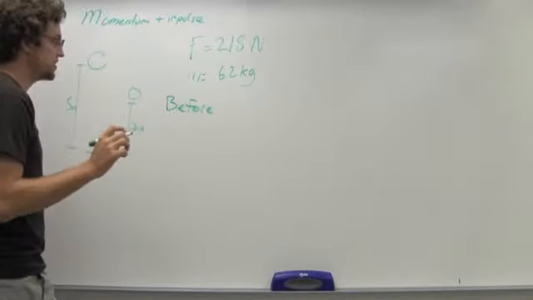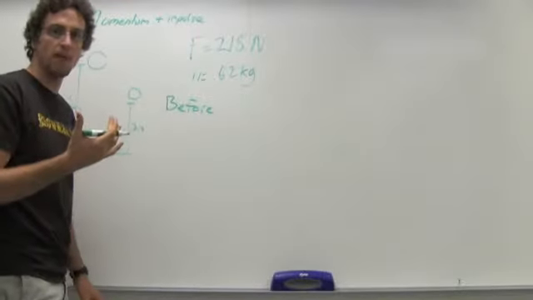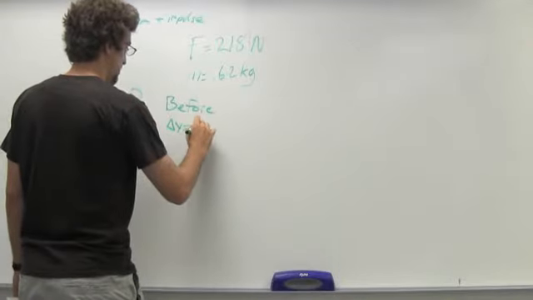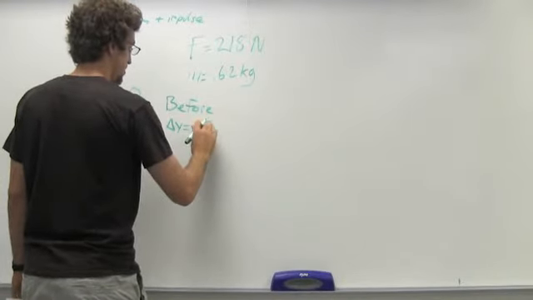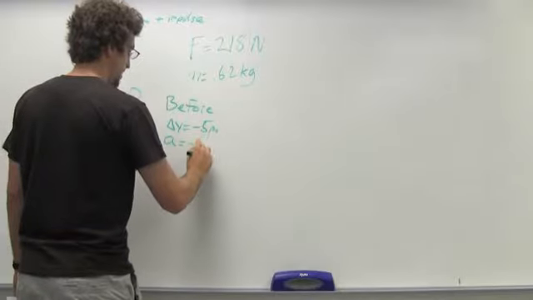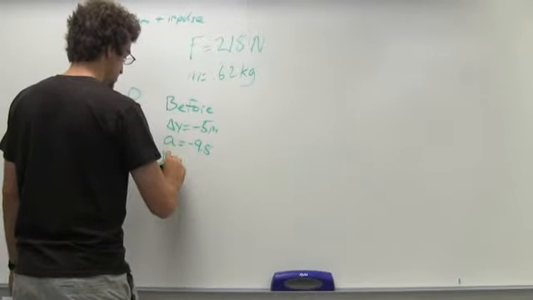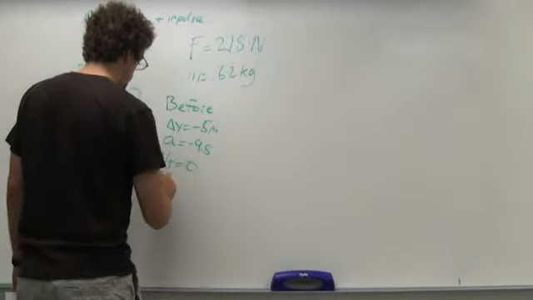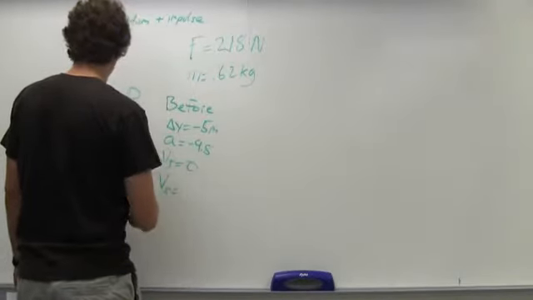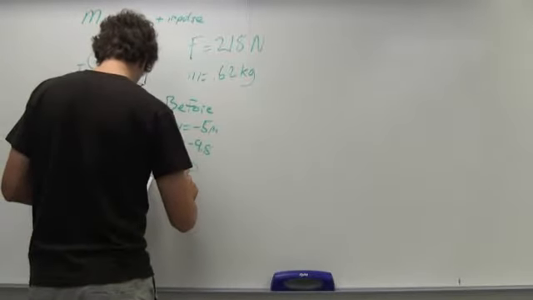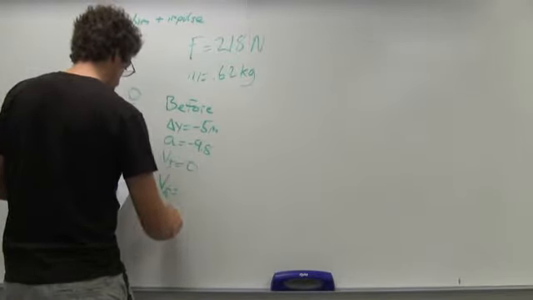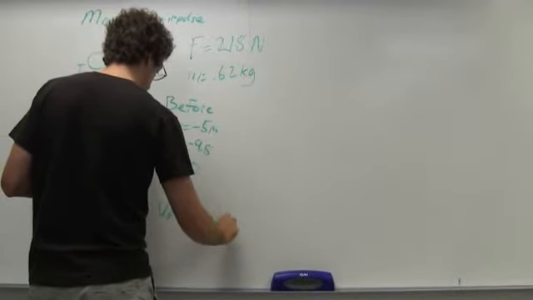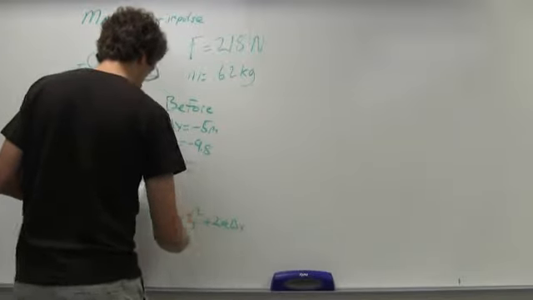Okay, before everything happens, we've got essentially a kinematics problem, a ball falling. We've got a change in y of -5 meters. We've got an acceleration of -9.8. We've got a v initial of 0. And finally, we can solve from that, we can find v final. v final squared equals v initial squared plus 2a delta x.